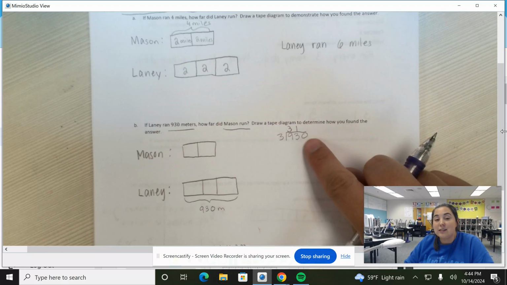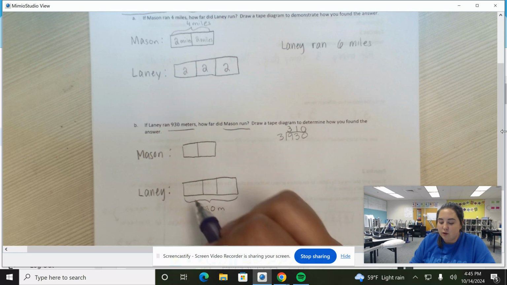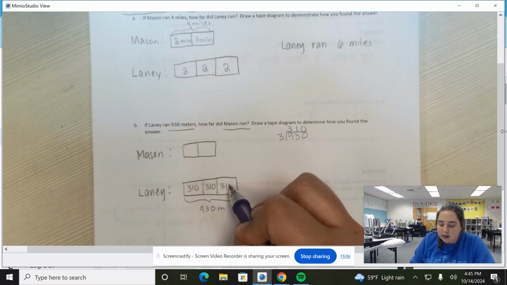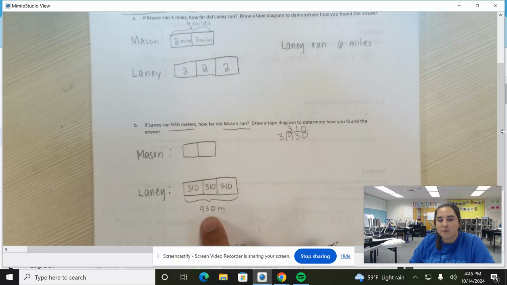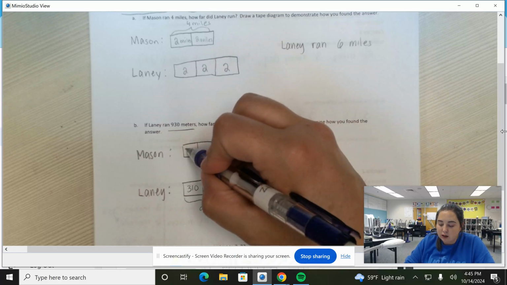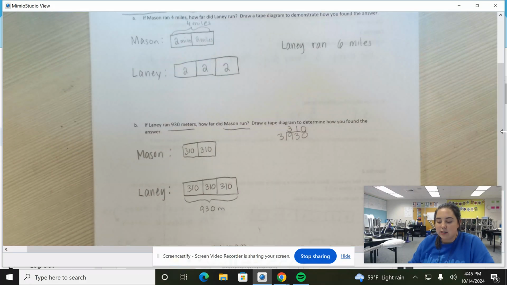And if I split 0 into 3 parts, I'd have 0 in each part. So if I have 310 plus 310 plus 310, that would be 930. If this is how each unit was for Lainey, what would it be for Mason? Well, all the units have to be the same. We're looking at ratios, so this should be 310, and this should be 310.